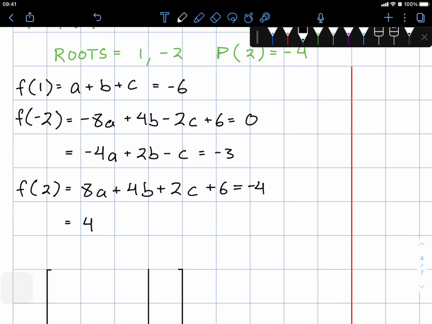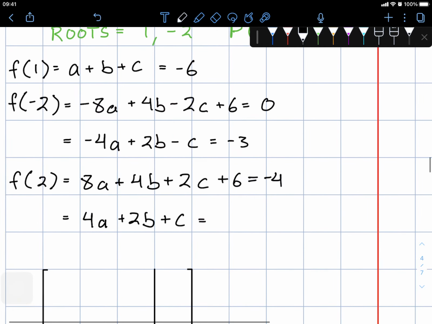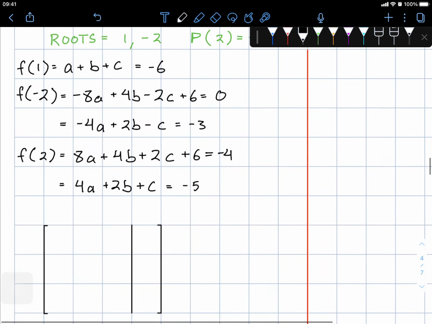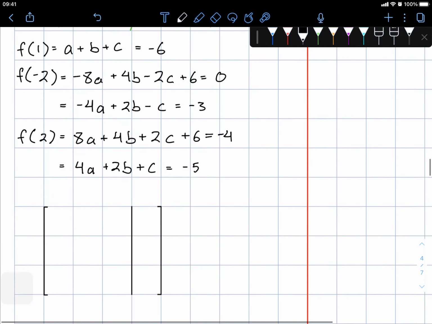So for a plus 2b plus c equals, when we move this to the other side, it becomes -10. Halving that becomes -5. And then from here, we're going to be solving this system of equations using row echelon.